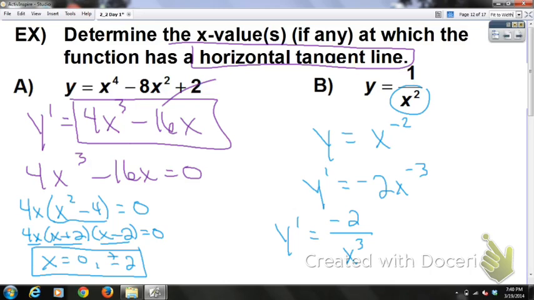Now I want to set that equal to 0. Negative 2 over x cubed, can that ever equal 0? Are there any solutions? No, there are no solutions here, so there are no horizontal tangent lines.